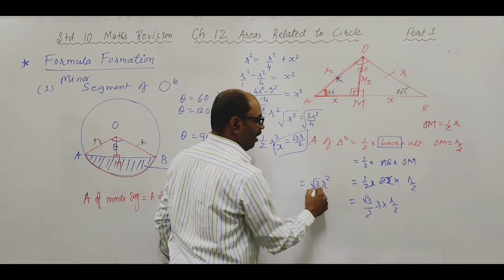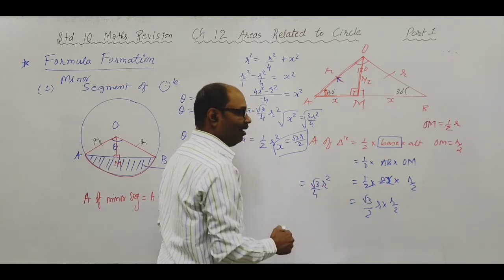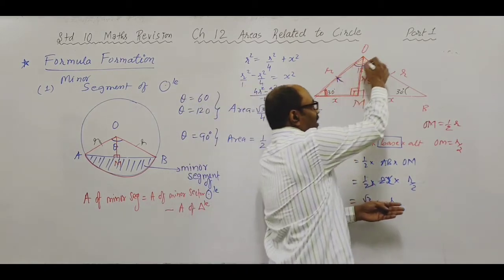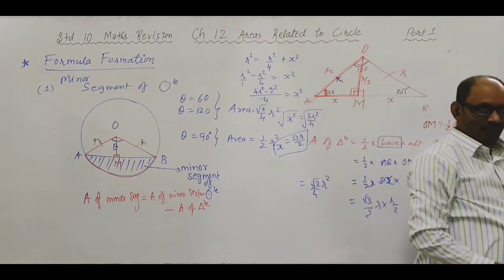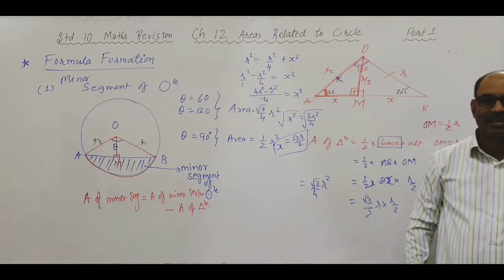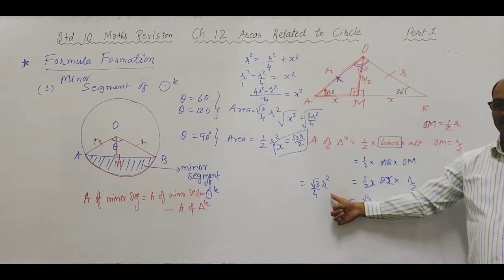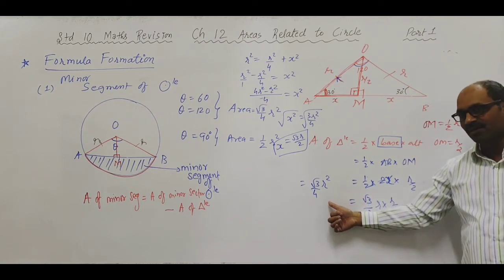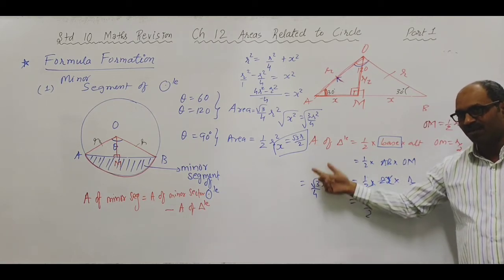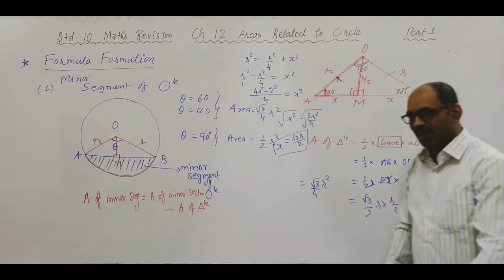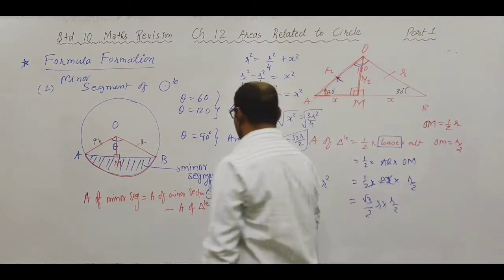Root 3 by 4 R square. That is same when the angle is 120. When theta, the angle subtended by arc at the center is 120, the formula remains the same, root 3 by 4 R square. Same as the formula that we have for 60 degree. Alright? Okay.